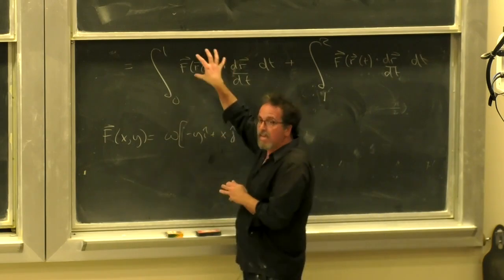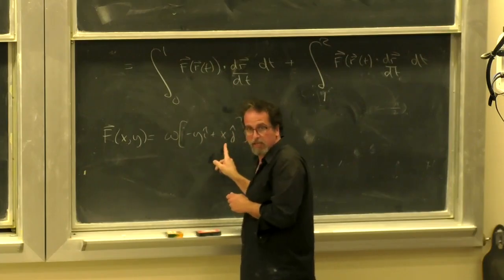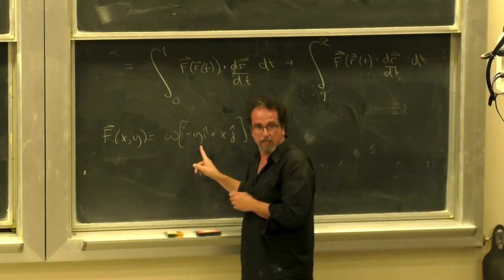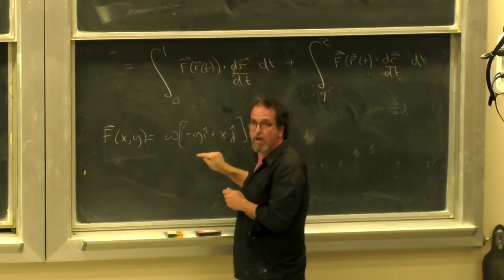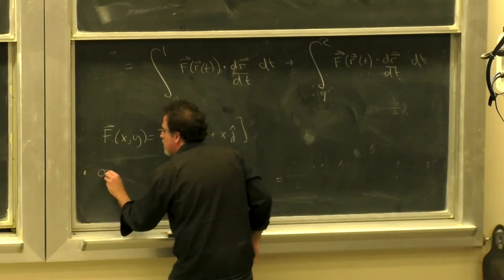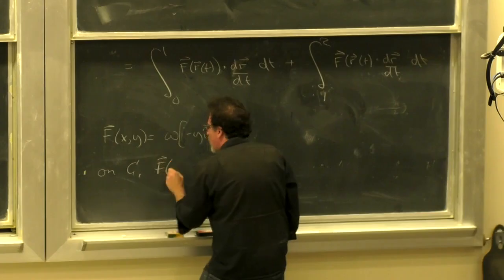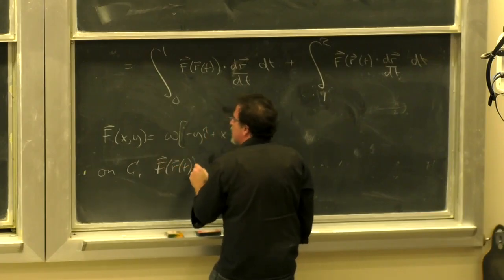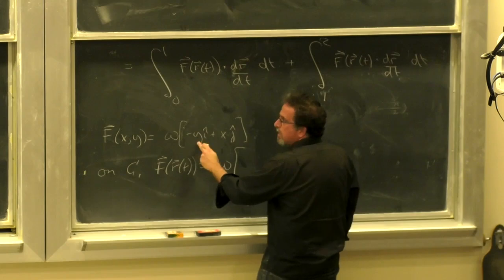But in the integral, I have to evaluate x is x of t, and y is y of t. X is the x of t on the curve from here to here. Y is the y of t on the curve from here to here. So on C1, on this curve, F of r of t is equal to this same omega. Now y, what is y along C1?